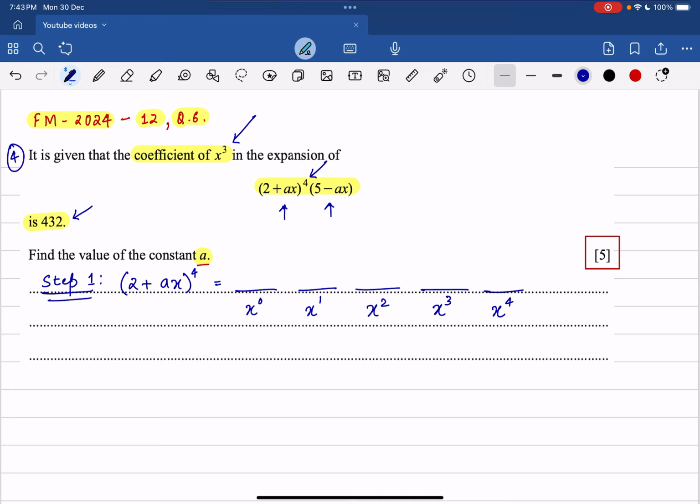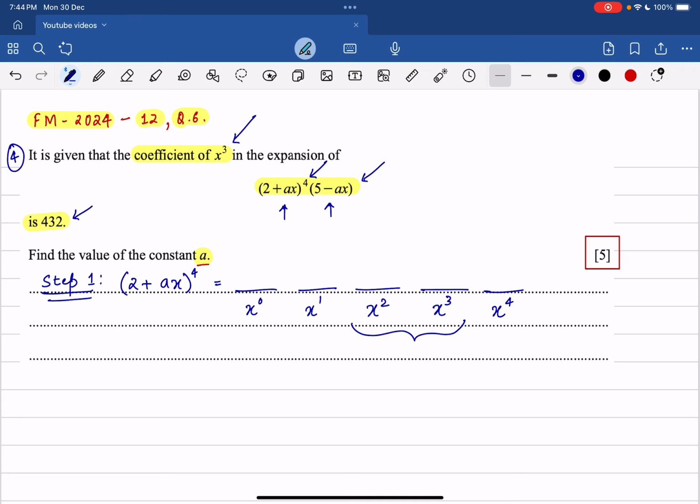What I'm going to do is find coefficients of only these two, x squared and x cube. You will understand why when we multiply these two brackets.